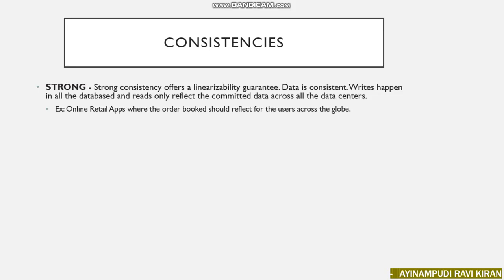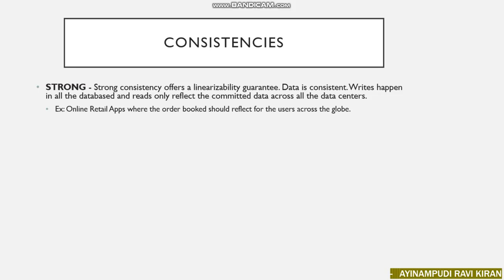Only then can the users see the transaction. Whenever a user requests a transaction, it only shows totally completed transactions. So it takes time for the transaction to commit across all the databases. The latency will be high, but the consistency level is also very high, so users will see the appropriate data when they request.